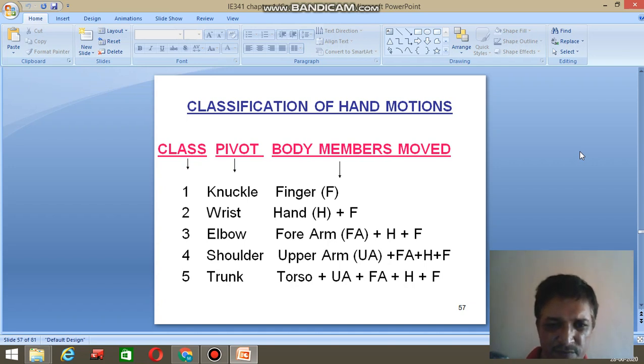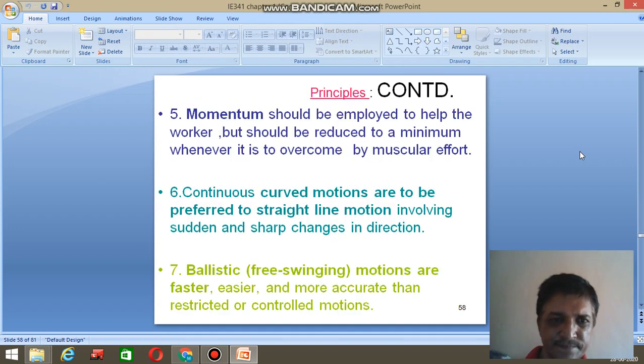Third one is the elbow, forearm plus hand plus fingers. Fourth one is the shoulder, upper arm plus forearm plus hand plus fingers. And fifth is the trunk, torso plus upper arm plus forearm plus hands plus fingers.